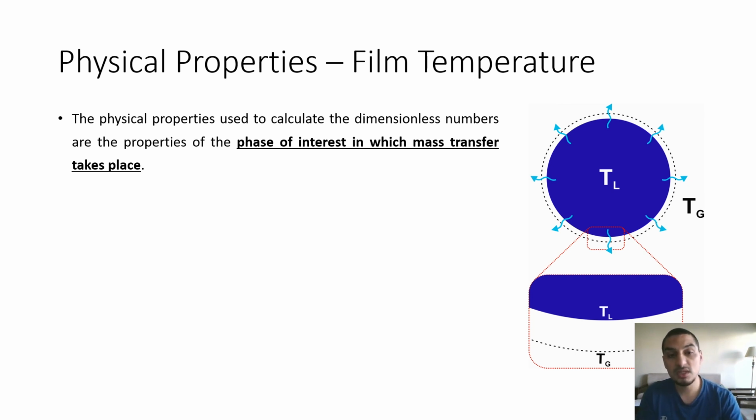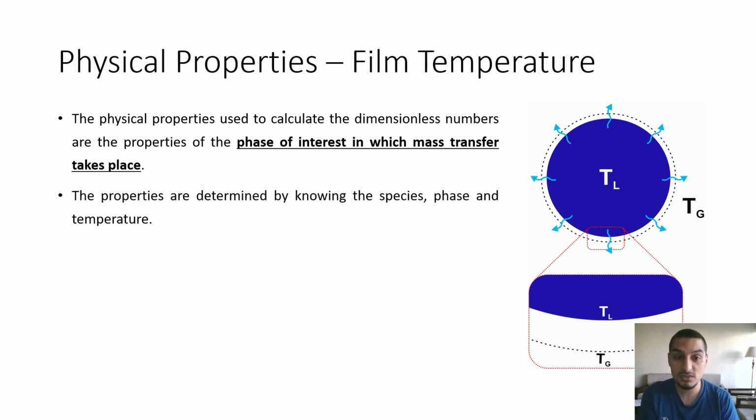The second point is regarding the temperature. To calculate the properties, you have to know first the species and the phase, and this is something we just discussed, that you can tell which phase based on the mass transfer coefficient you are calculating, and the conditions, and mainly the most important is the temperature.